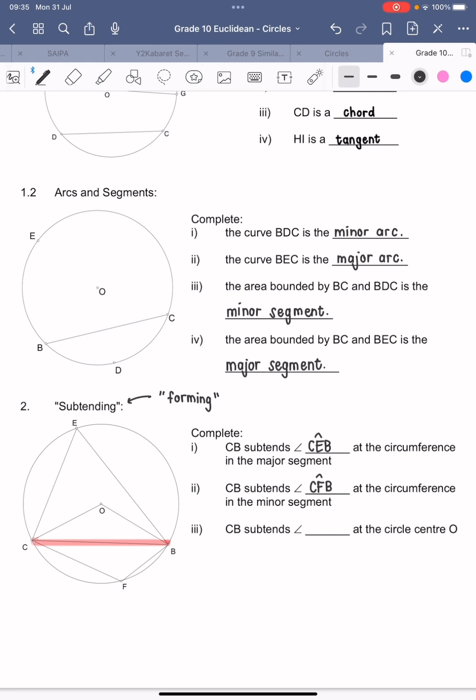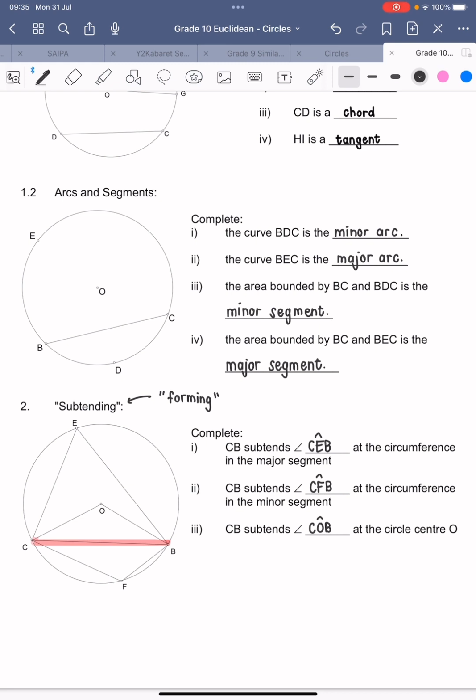Okay, and then we're going to say CB subtends angle what at the circle center O. So now they're saying the center of the circle is O, so that will be angle COB, right? Because again, we have a line going from each of the two endpoints, and they intersect at point O. So angle COB. Okay, any questions on that?